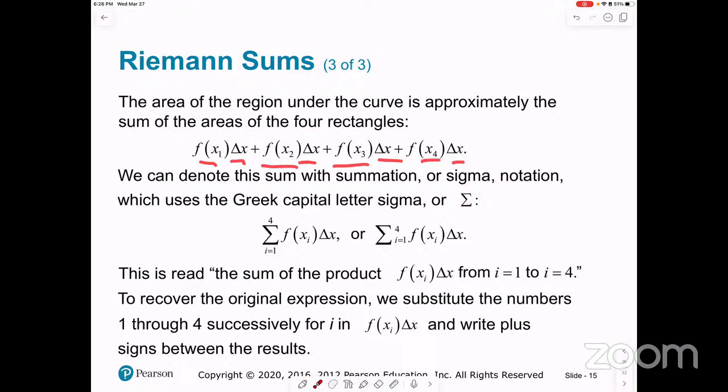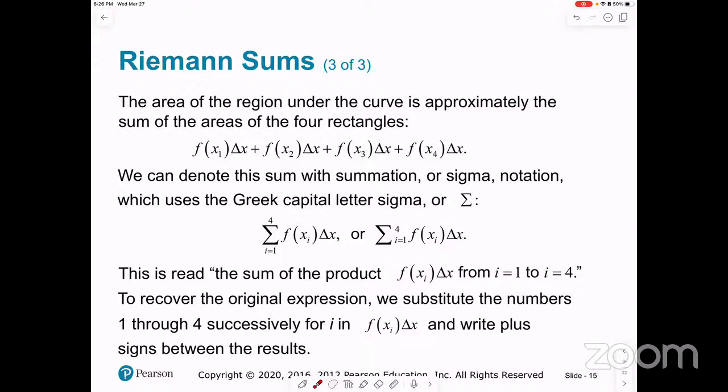Now we can denote this sum with summation or sigma notation, which uses the Greek letter sigma, right? So this is read, the sum as i goes from 1 to 4 of f of x sub i times delta x. Again, the delta x is the same for each one. And then you could have x1, x2, x3, x4, right? So you let i be 1, so you would have f of x1 times delta x.